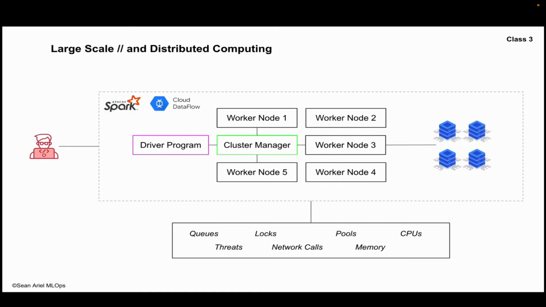So this is what we're going to do at some point, right? After having scaled vertically by creating a much bigger server on Google Cloud, which we're going to be doing today, the next thing we're going to do is set up a bunch of small virtual servers together that are going to be coordinated by a pretty powerful technology called Spark.